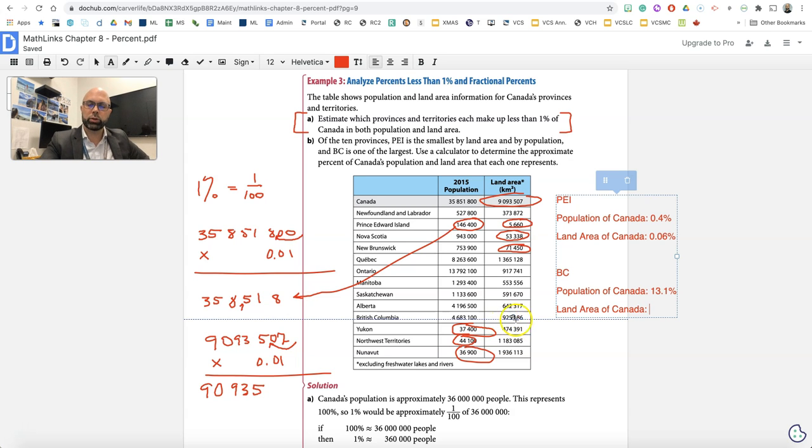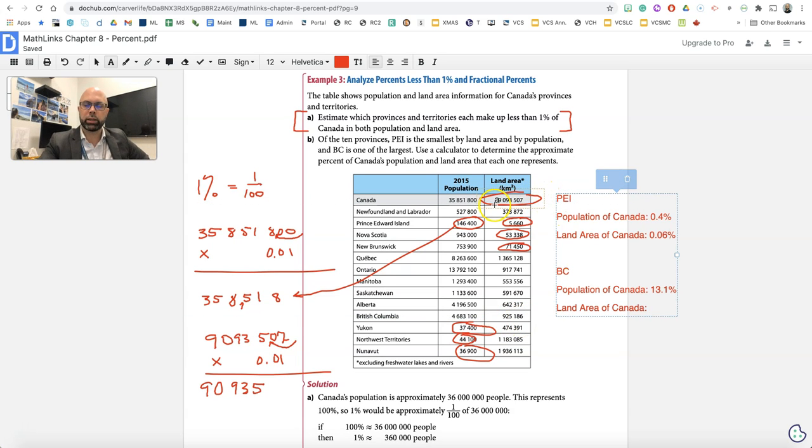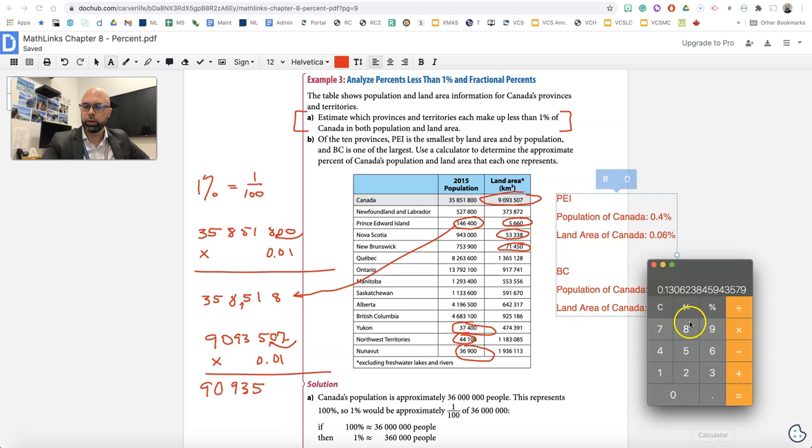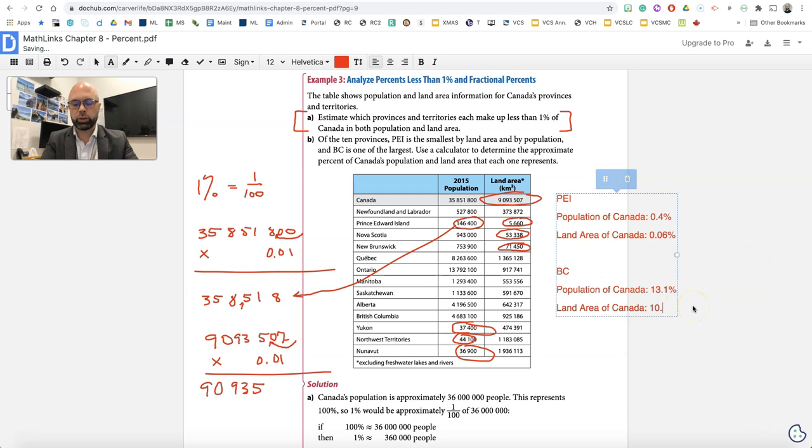So because it's close to 900,000 and the total land area of the country is 9 million, again rounding, this is going to be very close to 10%. Watch this. So we've got 925,186 divided by 9,093,507. 10 point, we can round this 17 up to a 2, so 10.2%. Very close. Good estimate, Mr. Cavey.